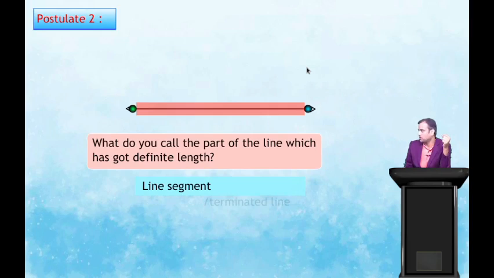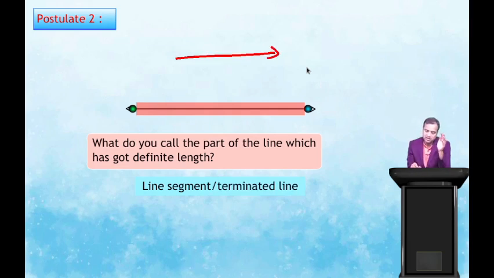What do you call the part of the line which has got definite length? It is called a line segment. So there is a difference between a line and a line segment. This is a line. A line can go from one point and can be drawn far.